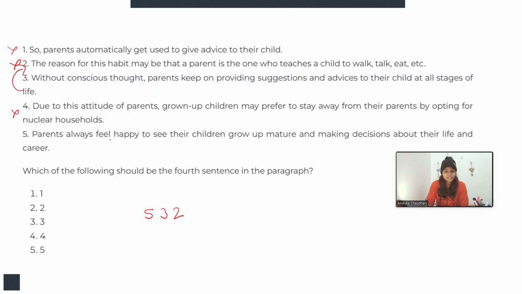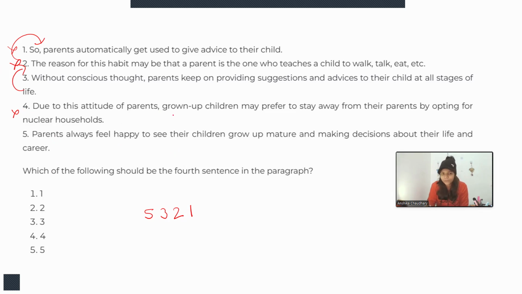Then after that, the reason, etc. So parents automatically get used to giving advice to their children because it is habitual now, right? For parents, it is habitual now because they have been teaching us everything, walking, talking, eating, etc. So it is kind of an automatic feature for themselves, right? So one, and then after that, four is the rest.